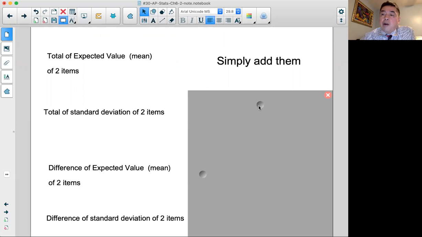Okay, total of standard deviation of two items. Do you remember how we did? I want you to answer before I scroll down this flashcard. If you say simply add them, you're not on the right track, okay?